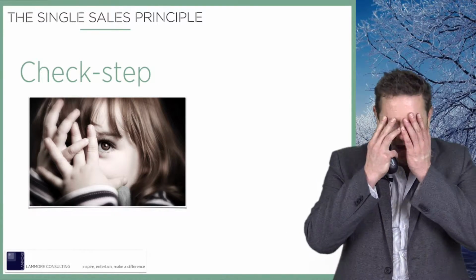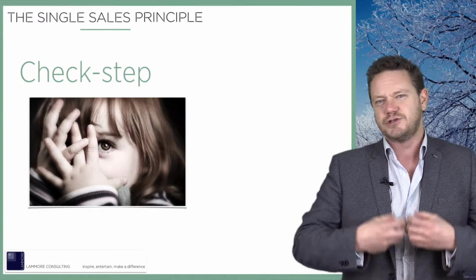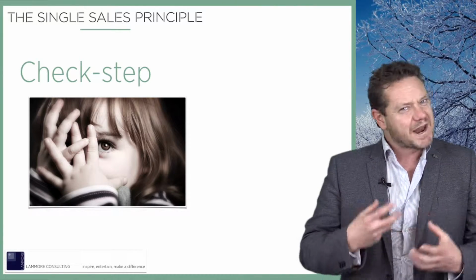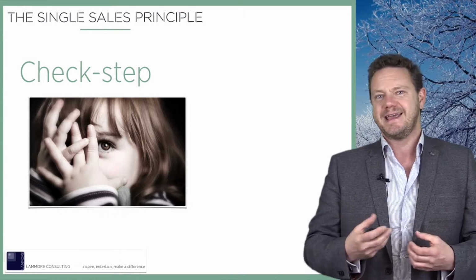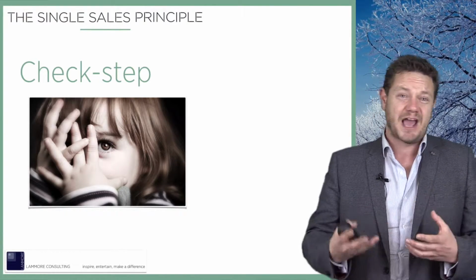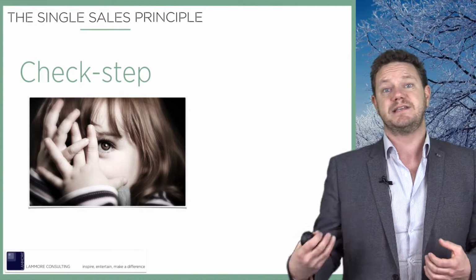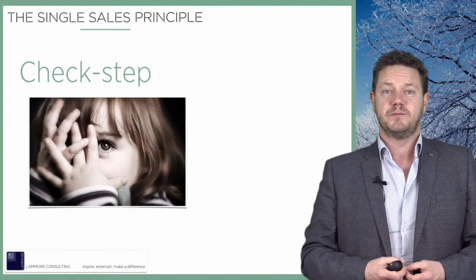They might be hiding behind, thinking, there's some reason that is stopping me from buying this product or saying yes to this service, but I don't feel particularly comfortable saying it, so I'll make something else up. That can be perfectly understandable and okay, but it's not particularly helpful when we get to the point of actually addressing the issue that they've got and answering the objection.